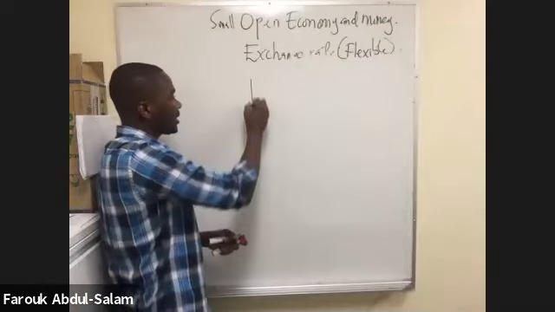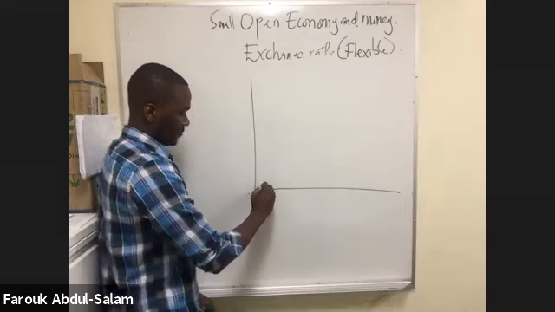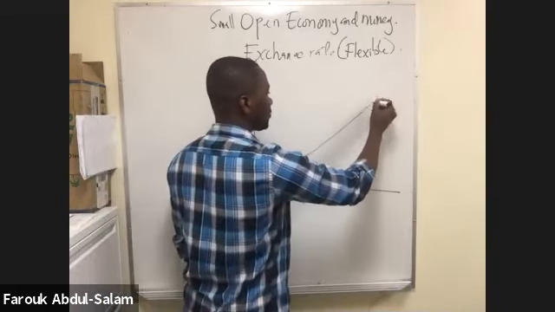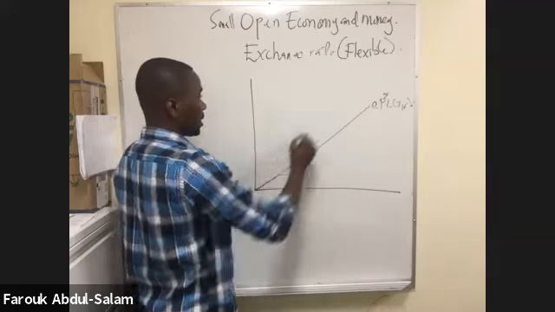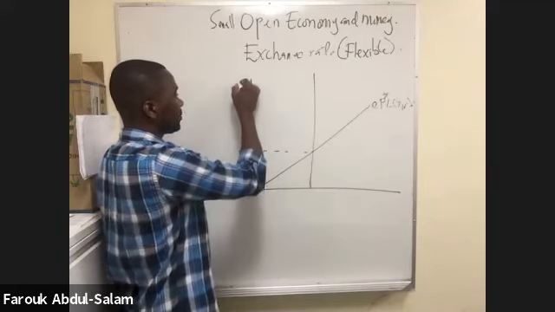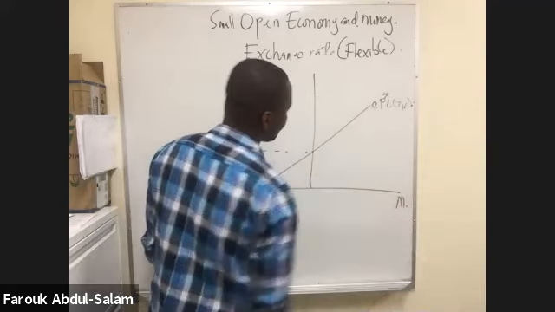So we have this guy here, which is our money demand equation, which is E, P star, L, Y, R. Then we have the money supply, we have the exchange rate E here, and M here.